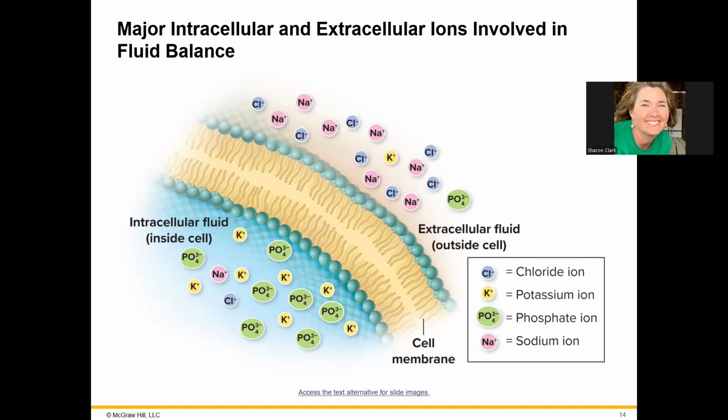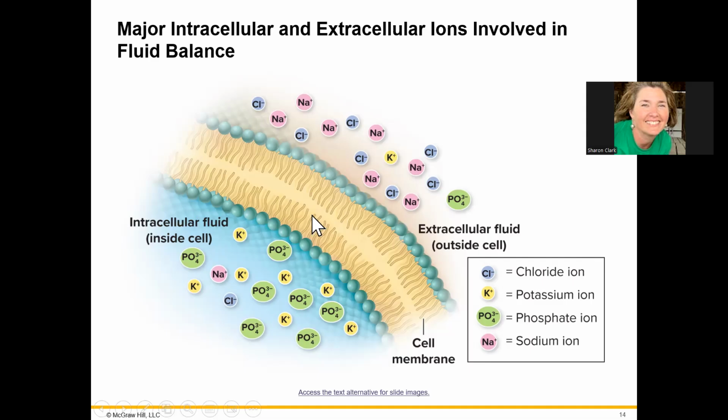Maintaining this fine balance, you see some of these common electrolytes: sodium, chloride, potassium, phosphates, magnesium. It's a fine balance between this matrix, which makes water so essential and re-emphasizes all of the functions of water.